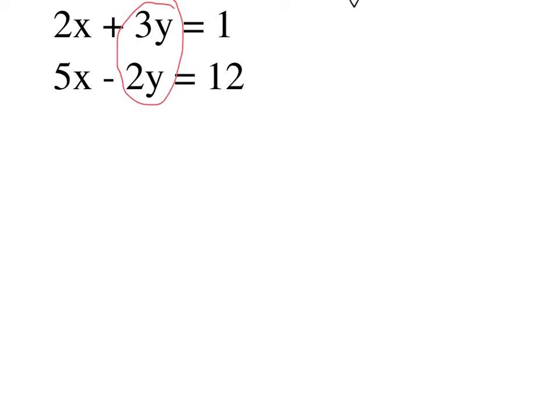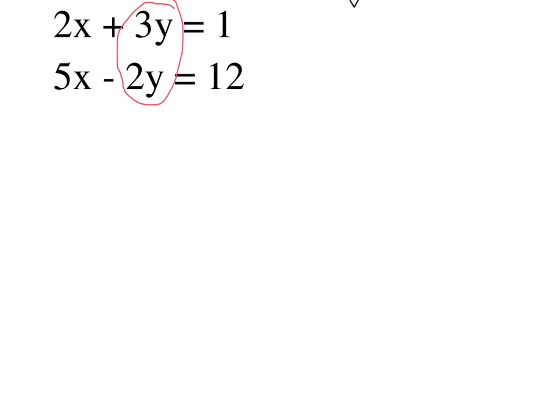So thinking about 3 and 2 and what the least common multiple of 3 and 2 is, it's a lot like finding a common denominator. The least common multiple is what we need, and it's the same kind of thought process that happens when you're looking for a common denominator. We want the smallest number that 3 and 2 will divide into evenly, and that number is 6.